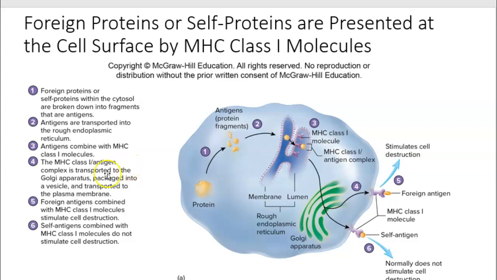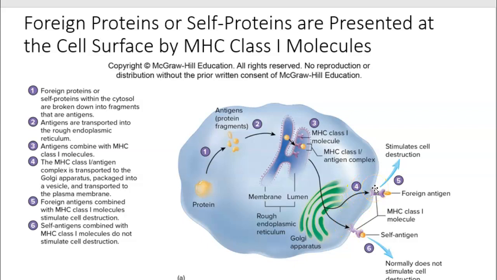Then if you follow number 4, it says the MHC class 1 antigen complex is transported to the Golgi apparatus, packaged in a vesicle, and then transported to the plasma membrane. So here we have two scenarios.